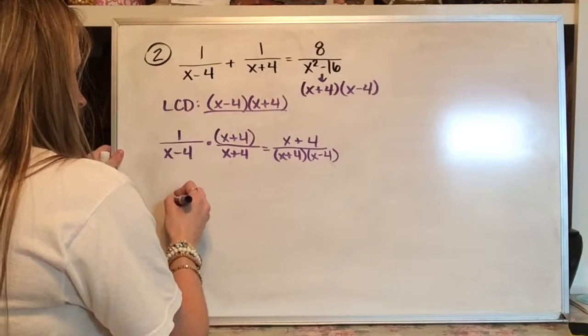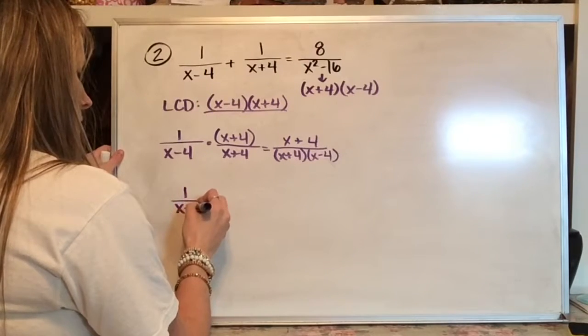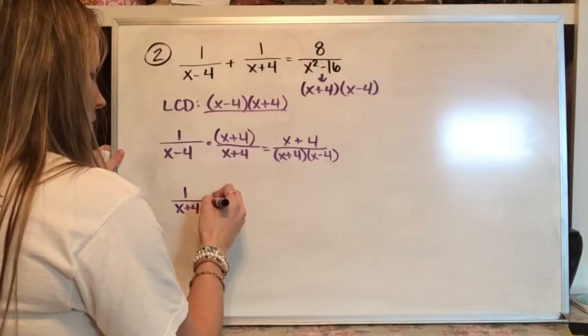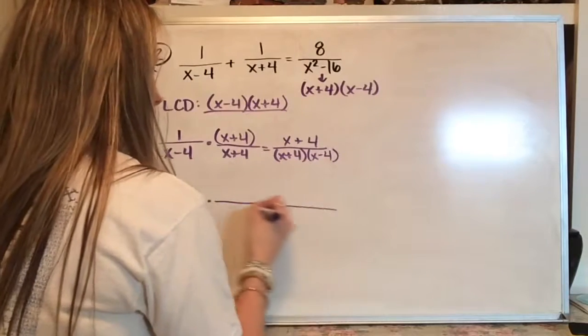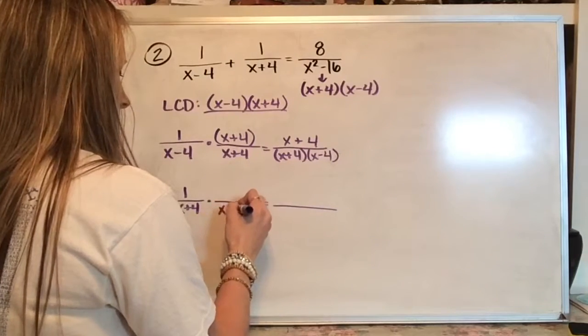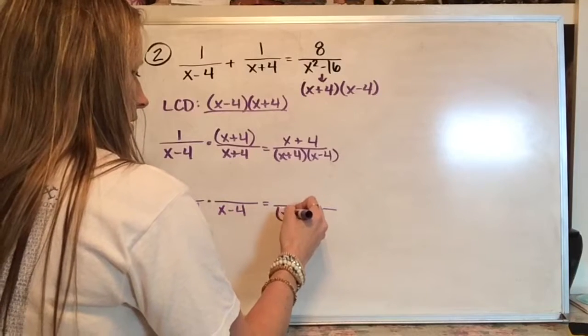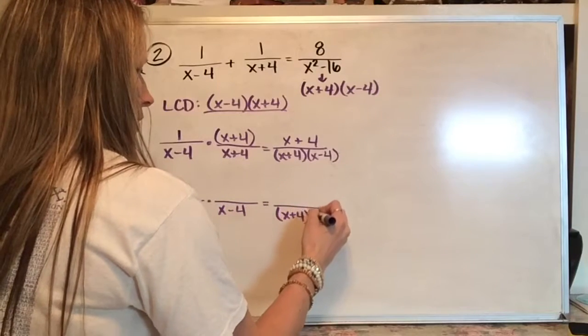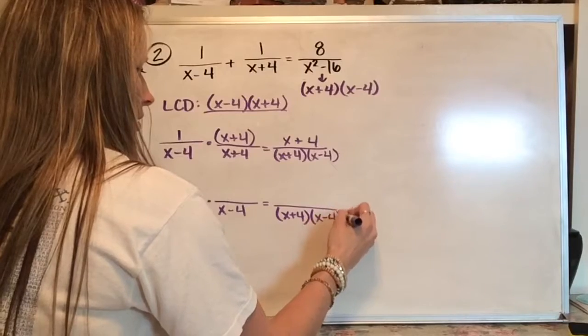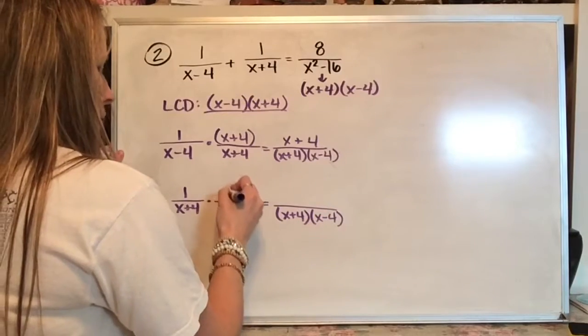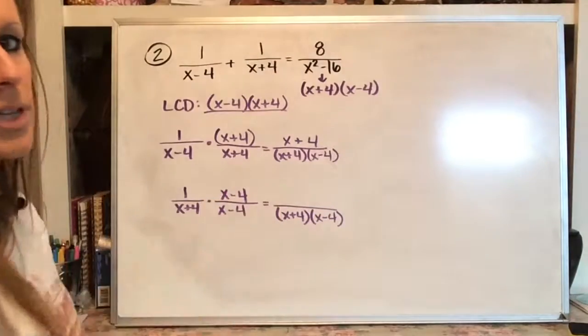Second fraction, we have an x plus 4 in the denominator. So if we want to get that common denominator, we're going to have to multiply by x minus 4. That way we have both of those parts there. What you do to the bottom, you have to do to the top.